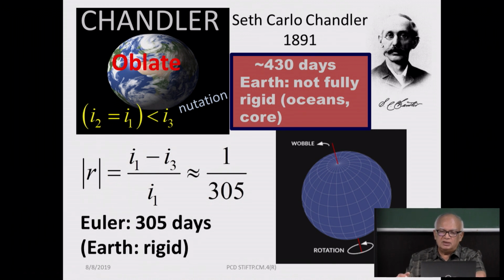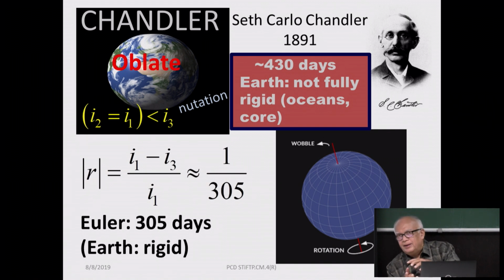And this was detected by Chandler, and it is not fully well understood. It is because of the mass distribution within the Earth, okay. The oblate shape is the dominant reason.